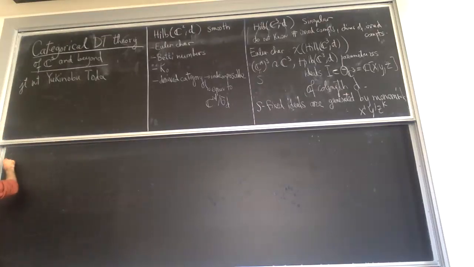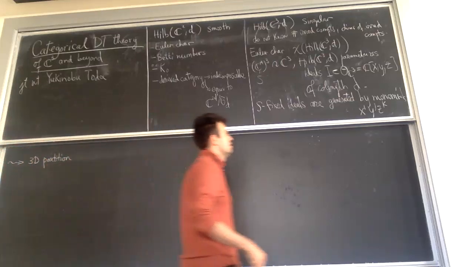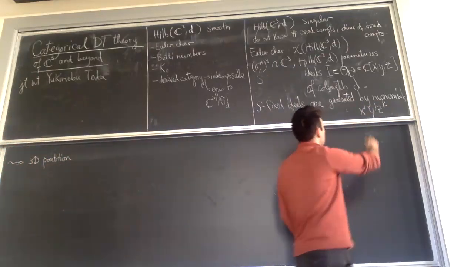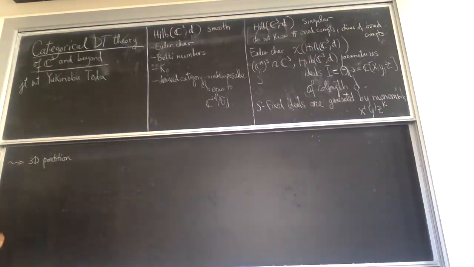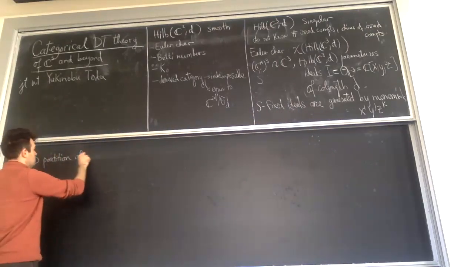So one takes the complement in the first octant of all triplets (i,j,k) such that this monomial is in the torus fixed ideal. So this way one obtains a 3D partition of d.